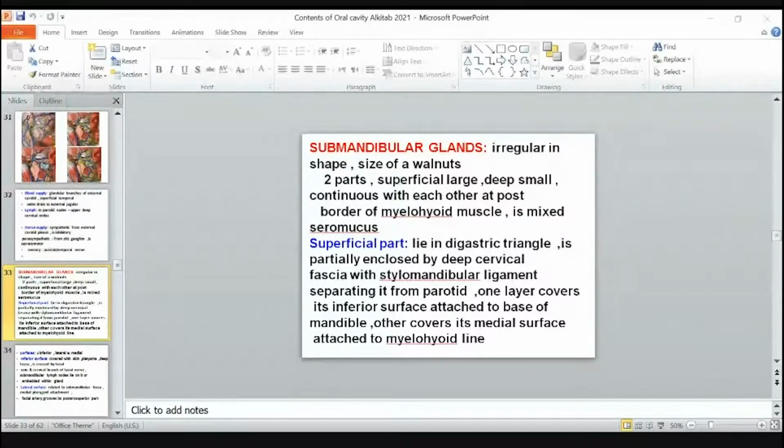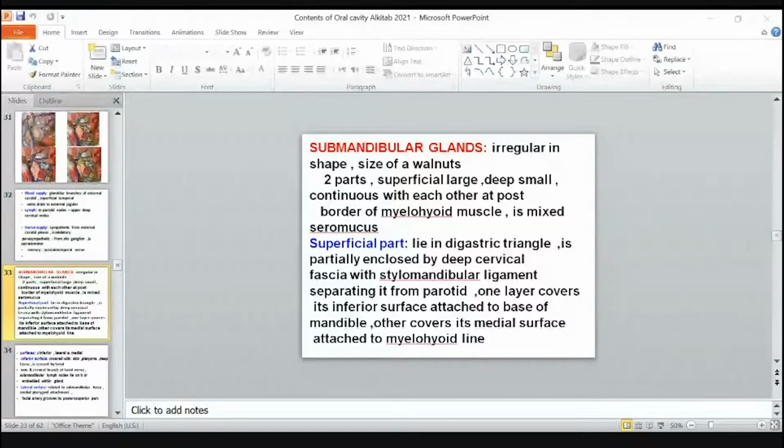The medial surface is related anteriorly to the mylohyoid muscle, with the mylohyoid nerve and vessels and submental vessels intervening. Posteriorly it is related to the styloglossus, stylohyoid ligament, and glossopharyngeal nerve. And its middle part is related to the hyoglossus, lingual nerve, hypoglossal nerve, and deep lingual vein.